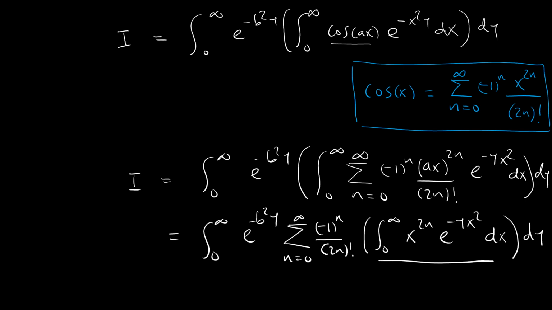Okay, so I'll maybe just change color to show that this is a sidebar or a side integral. So let's use green, and we have P2n is equal to the integral from x equals 0 to infinity of x to the power 2n e to the power negative y x squared.